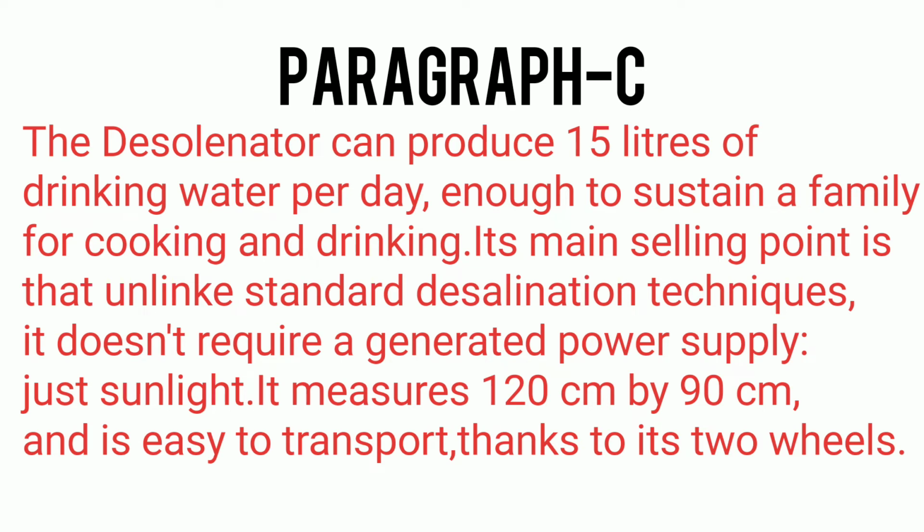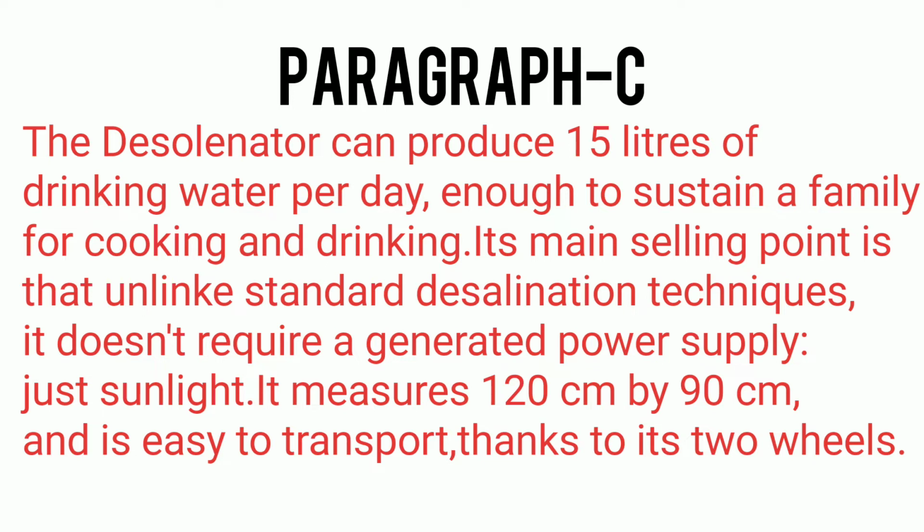Okay, let us try paragraph number C. Let us read paragraph C. First 2 sentences. The desalinator can produce 15 liters of drinking water per day, enough to sustain a family for cooking and drinking. Its main selling point is that unlike standard desalination techniques, it doesn't require a generated power supply, just sunlight.